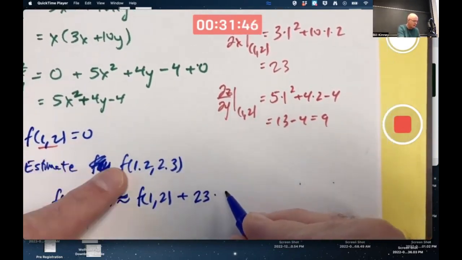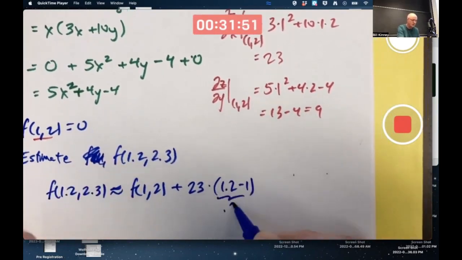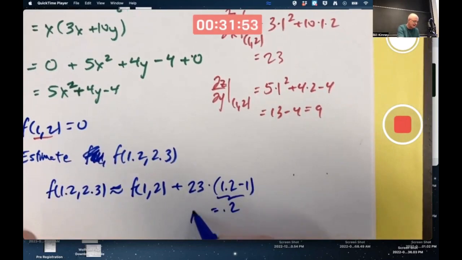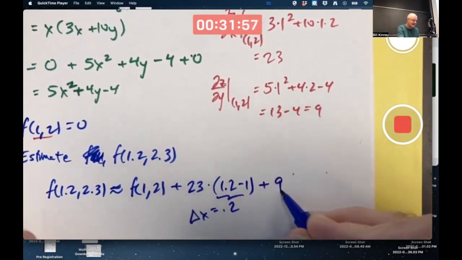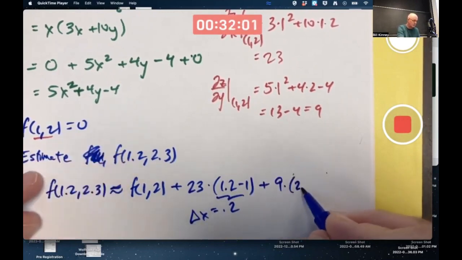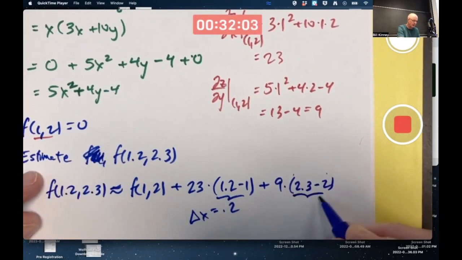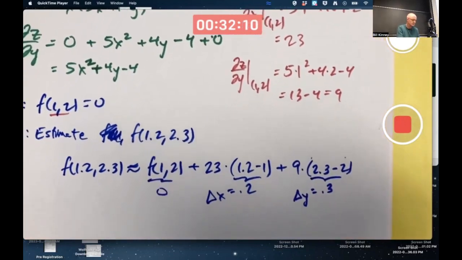X changes from 1 to 1.2. It changes by 0.2. That's delta x. The rate of change in the y direction is 9. Multiply that by how much the y coordinate changes. 2.3 minus 2. That's 0.3. That's delta y. F of 1, 2 is 0.